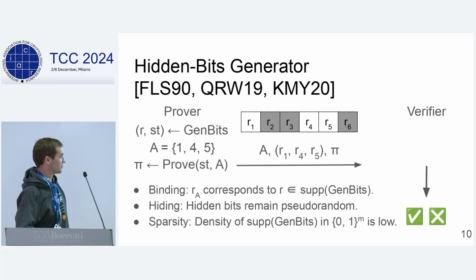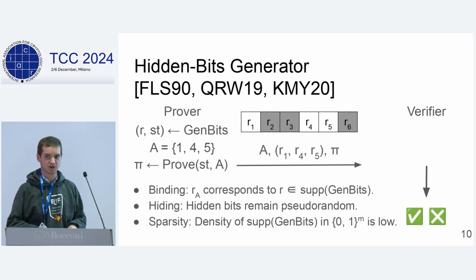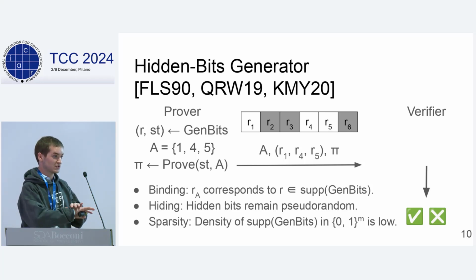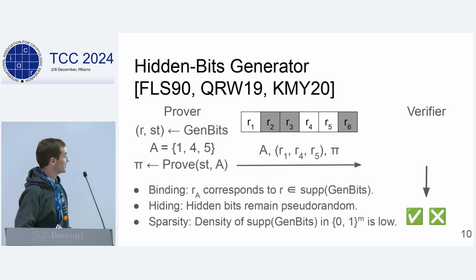So this sparsity property says that the support of the hidden bits generator should be sparse in the space of all possible bit strings. So once the prover chooses to reveal a certain number of the output bits, you can imagine that due to this binding and sparsity property together, its hands are kind of tied with what the remainder of the string can be.